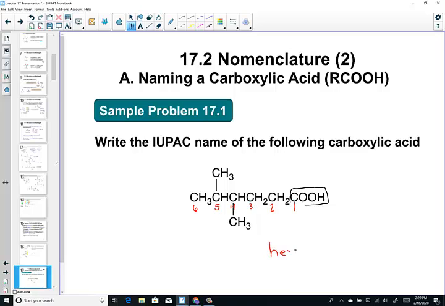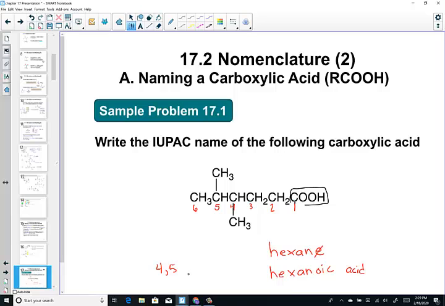That means our parent word is going to be hexane, except then it says take the E off and turn it to hexane-oic. The E converts to oic, hexanoic acid. Anything else interesting about that? Oh, I see some substituent branches.